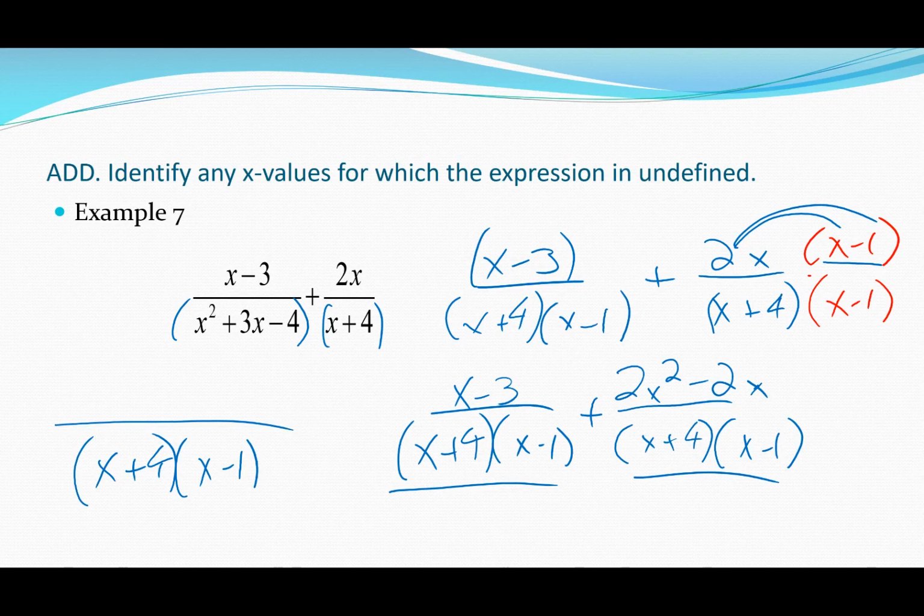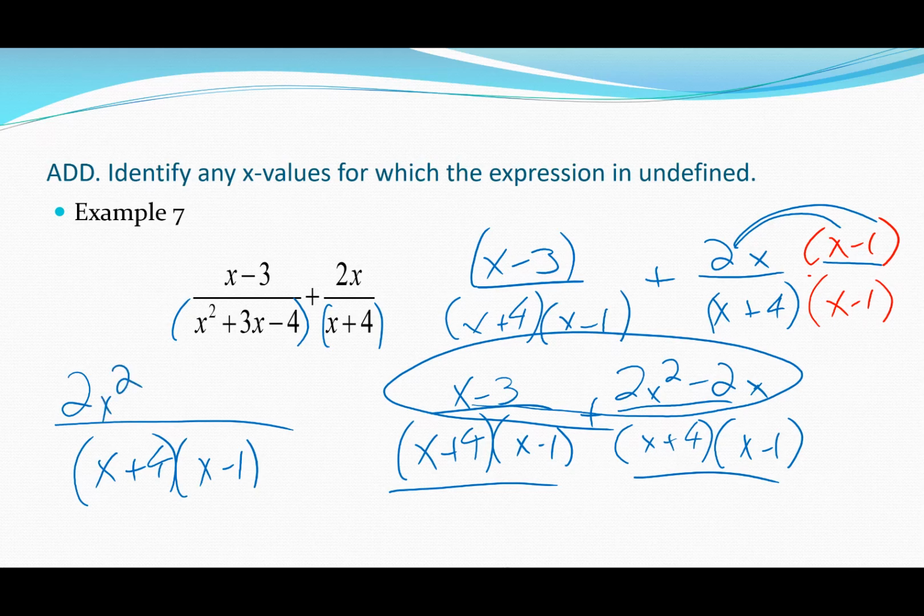But now I have to add the numerators up. So remember, adding the numerators is just combining like terms. So I have 2x squared, and I don't have any other x squared terms, so I still have 2x squared. The x and the minus 2x can combine, so 1 minus 2 would be -1x. And then I've got minus 3 to bring along with that as well.